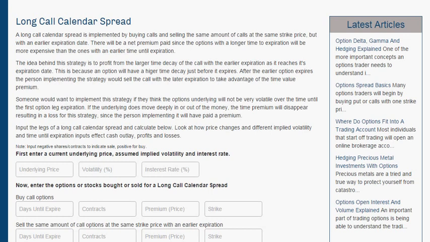In this case, we're talking about call options, but you can implement it also with puts. But in this case, again, call options. So you buy a call option with a certain expiration date. Then you sell a nearer term call option, that's an option with an earlier expiration date.